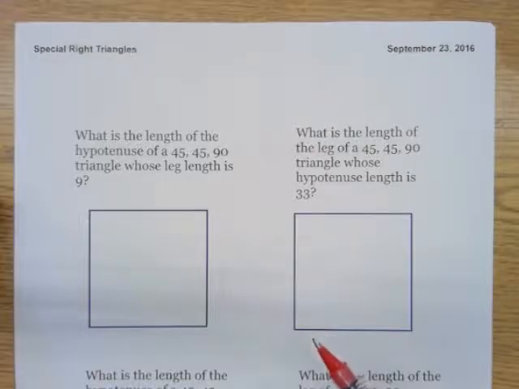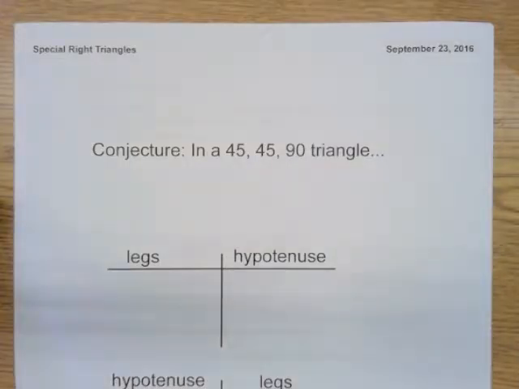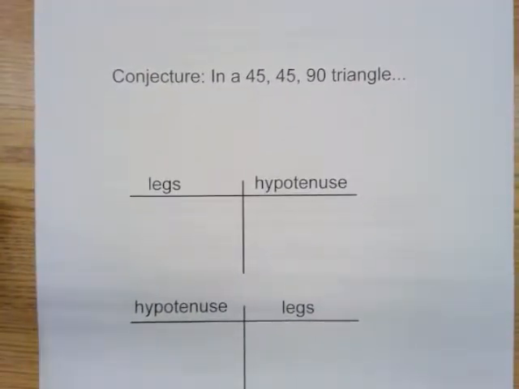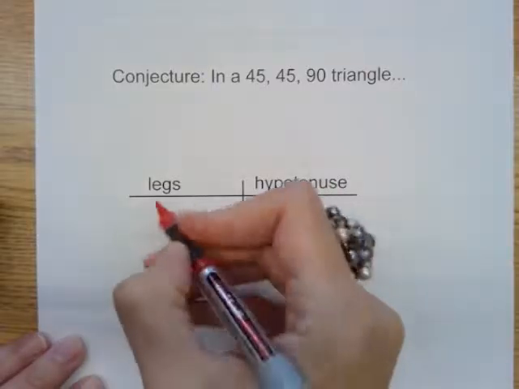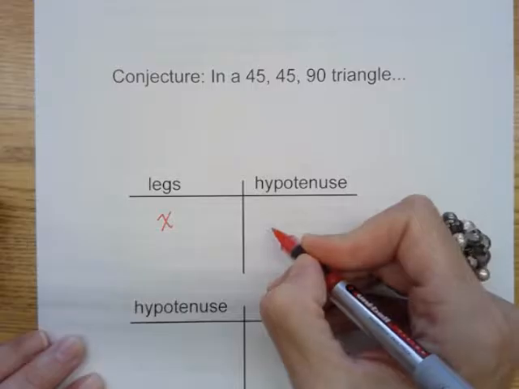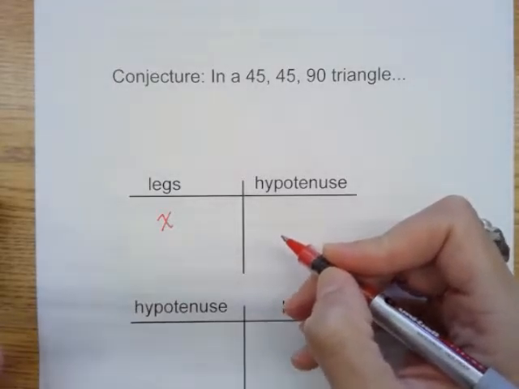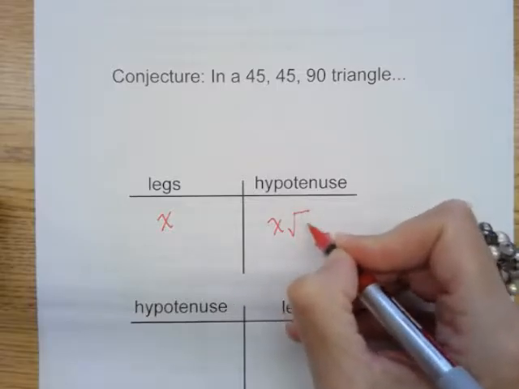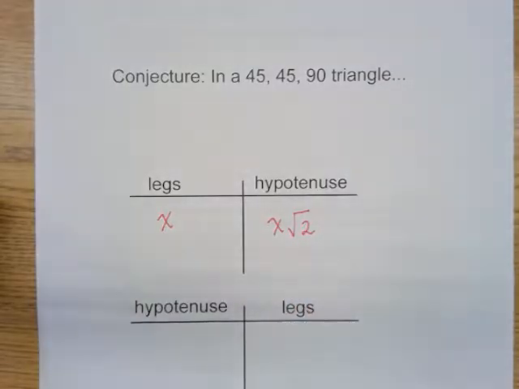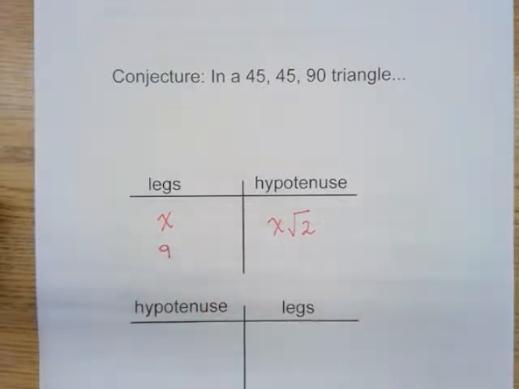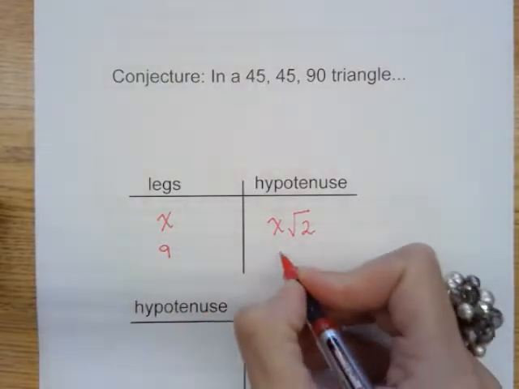We can state that in a 45-45-90 triangle, if the leg is a number x, then the hypotenuse is x root 2. That is, if a leg is 9, then the hypotenuse is going to be 9 root 2.